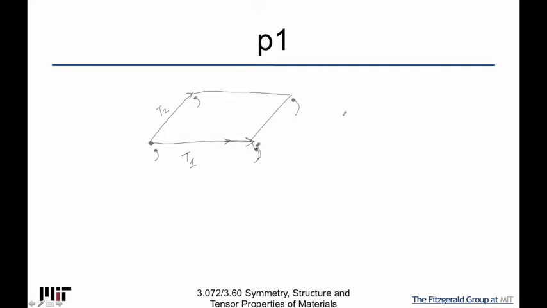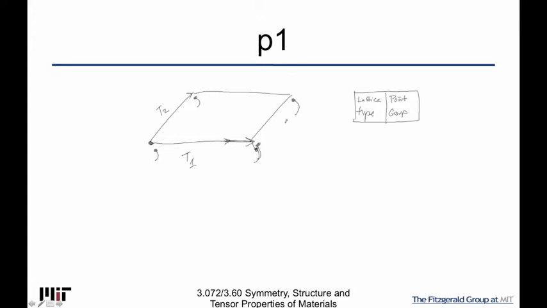Now the notation is going to be the following. Generally you write a lattice type followed by the point group that you're inserting. And we just derived all those.